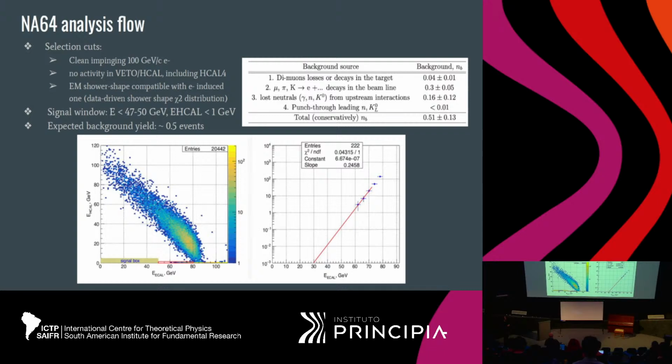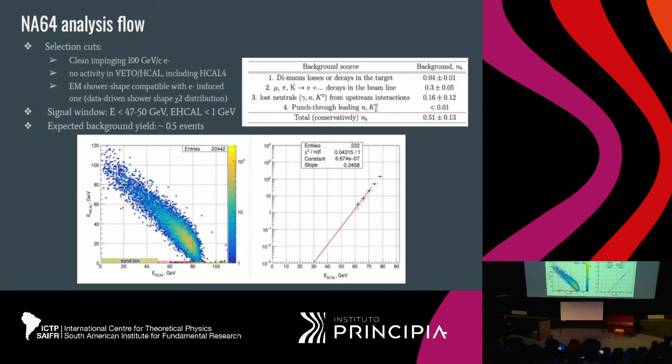So the events surviving all the cuts are these. Here you have the energy deposited in the ECAL, and here you have the energy deposited in the HCAL. The signal box for this kind of experiment is an event where you have lost at least half of the initial beam energy, and there is basically no activity inside the HCAL.